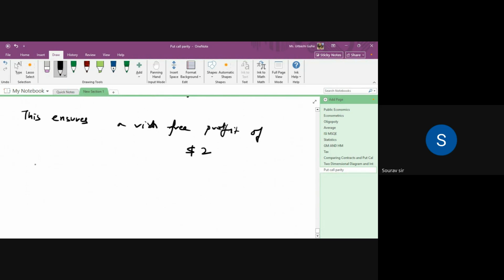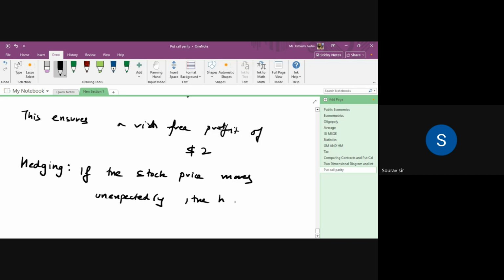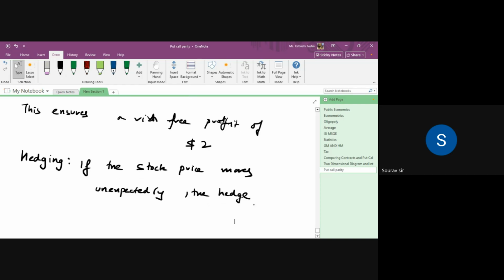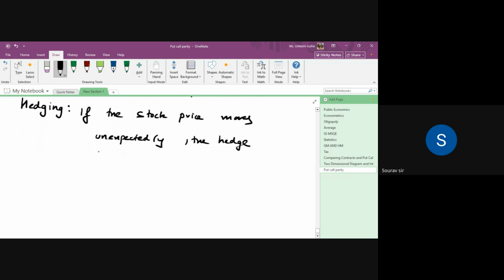So here if I talk about hedging, if the stock price moves unexpectedly, the hedge, the synthetic option sold, protects the position.